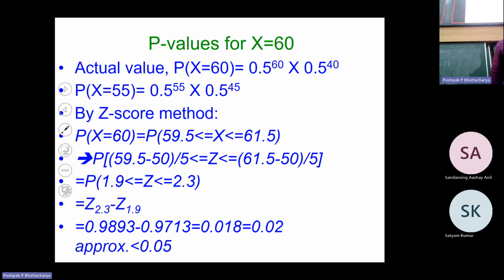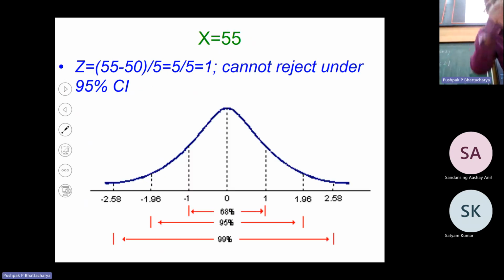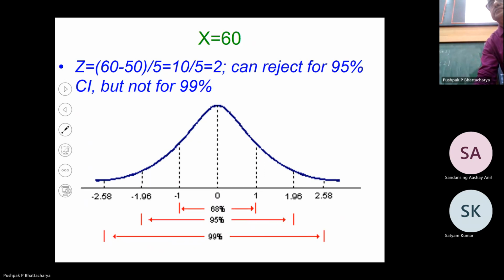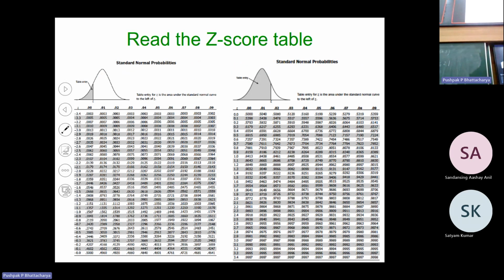So I'm interested in Z 2.3 minus Z 1.9. Z 2.3 is 0.9893. What is the value of Z 2.1?